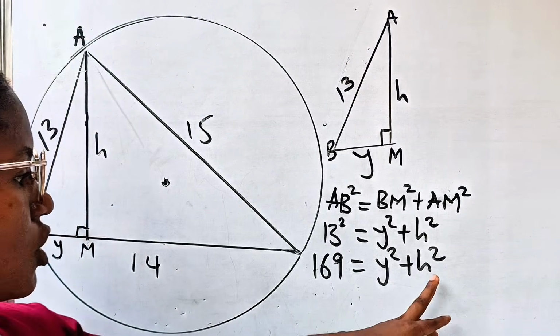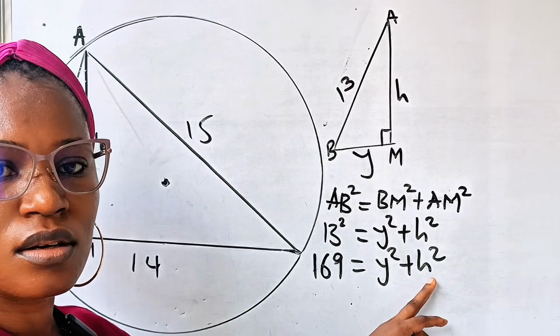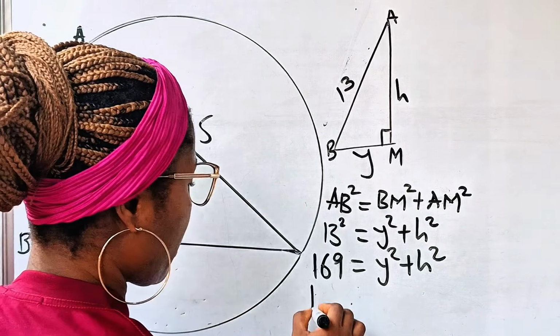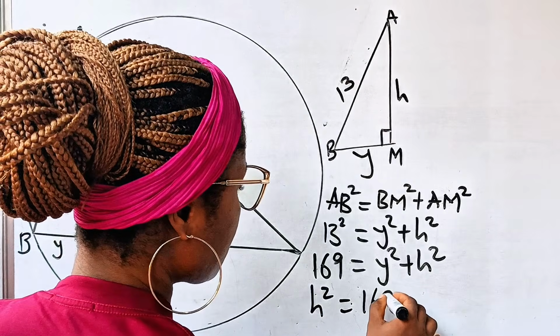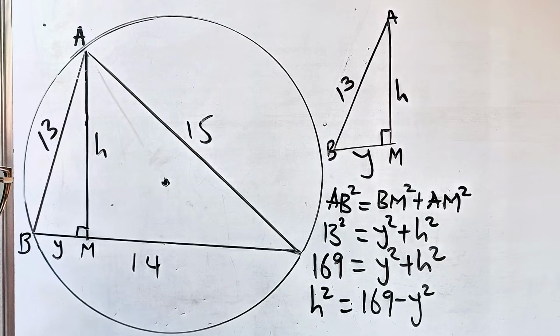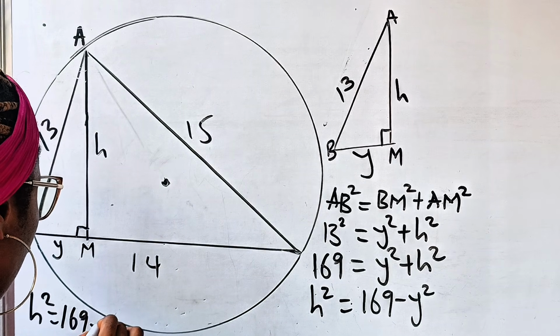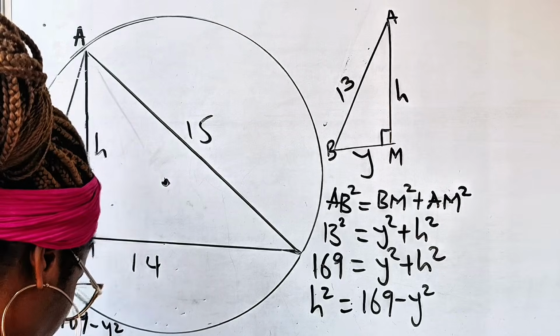If we make H squared the subject of the formula, we will have that H squared is 169 minus Y squared. So we're going to write that somewhere because it's very important. H squared is 169 minus Y squared.